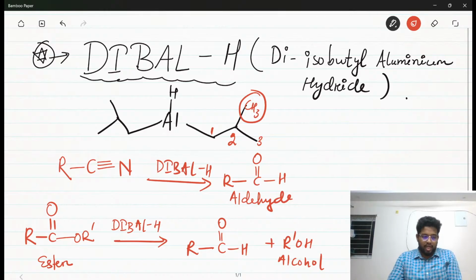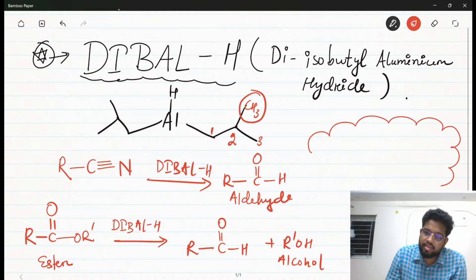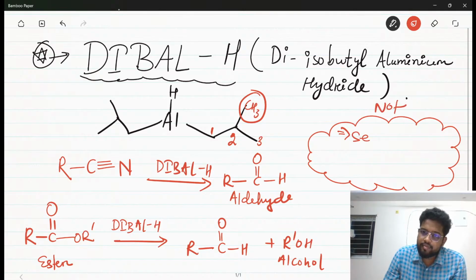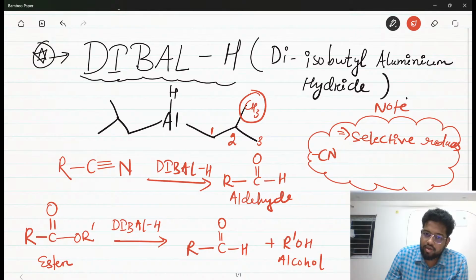Ester converted to aldehyde as well as alcohol. Now, DIBAL-H, important note, selectively reduces cyanide or ester. You have to remember this.